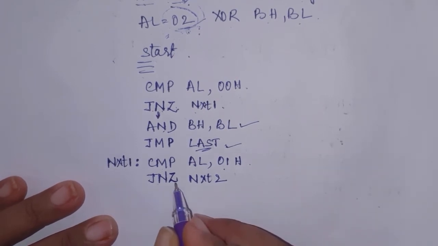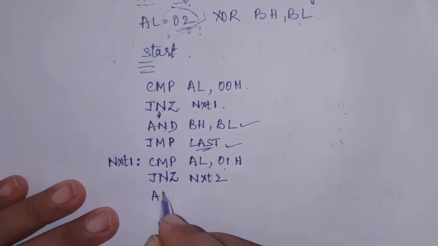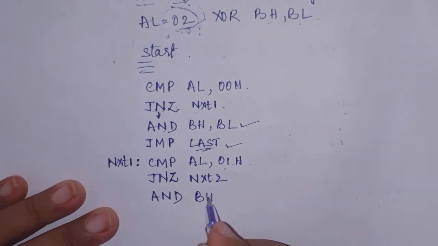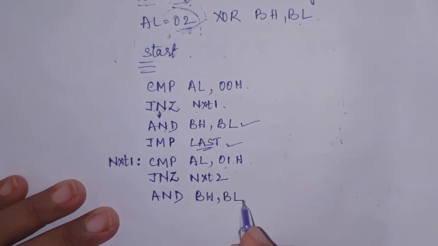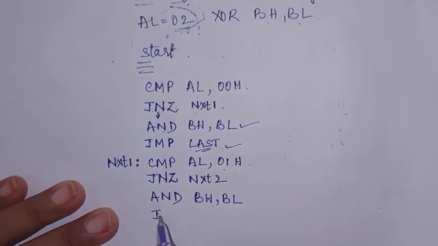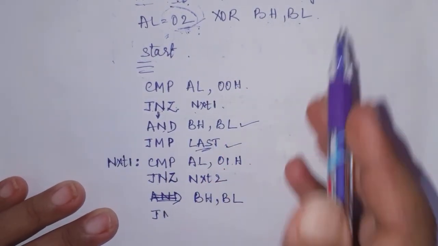If it is 0, that means they are equal, then what do I need to perform? AND BH, BL. Sorry, here, if it is equal to 1, it is OR the contents of BH and BL.